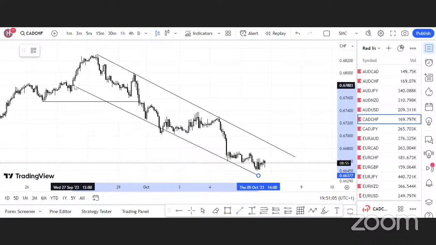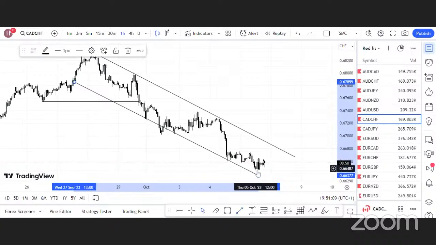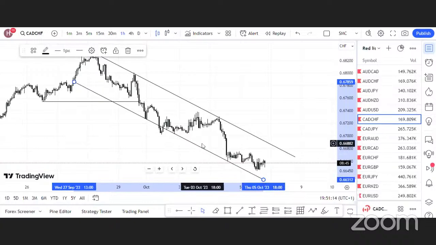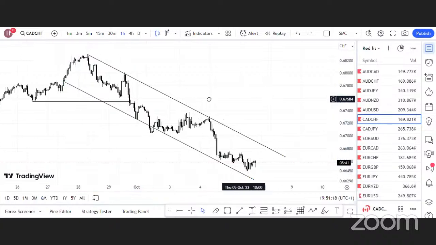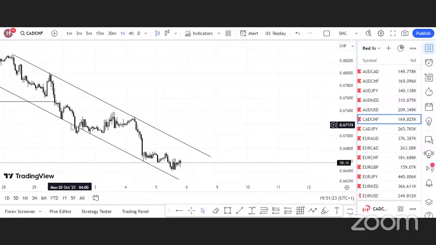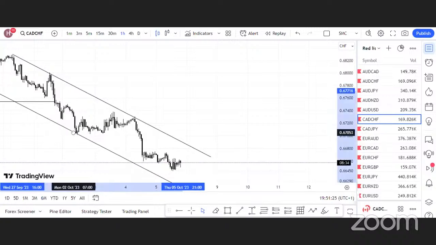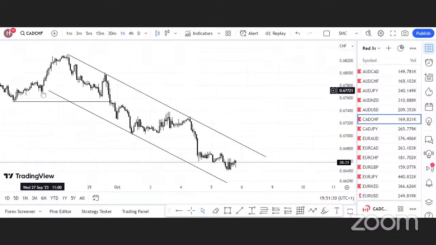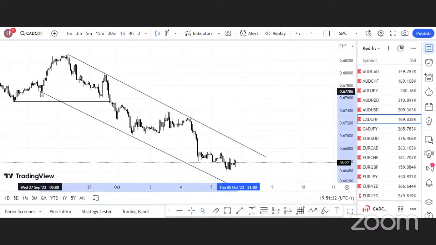Yes, we got a channel here. This second trend line is not necessary, guys, but let's just do this for channel's sake. Or we could even do it this way since it aligns with this. Or let's just leave it this way. It's just a camouflage anyway.